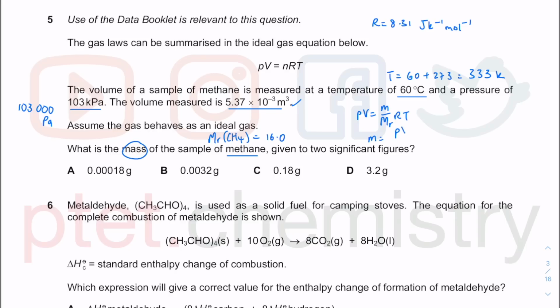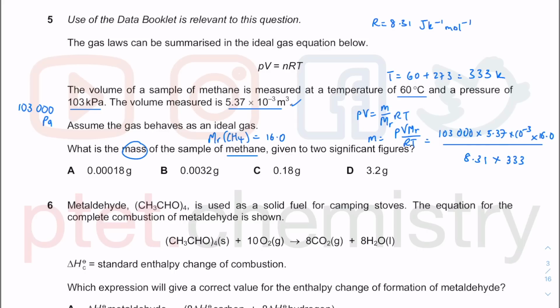So mass equal to PVMr over RT. So P equal to 103,000 Pascal times the volume 5.37 times 10 to the minus 3 times the Mr 16.0 divided by the molar gas constant 8.31 divided by the temperature in Kelvin. So set up like that, and you are going home nice and happy when you can press your calculator correctly.